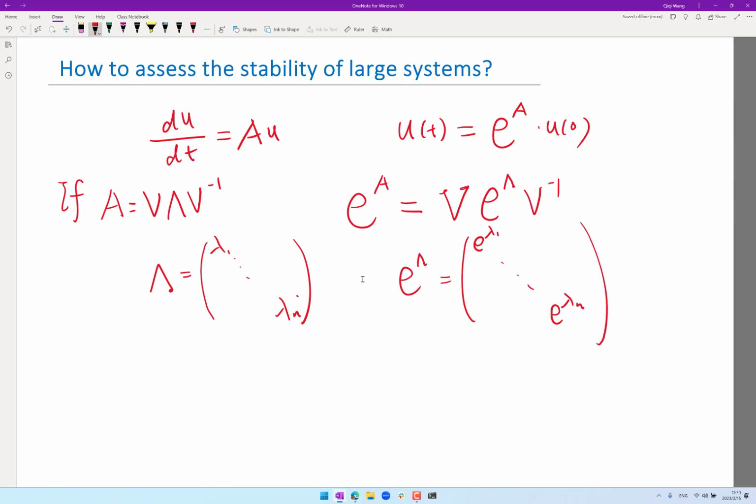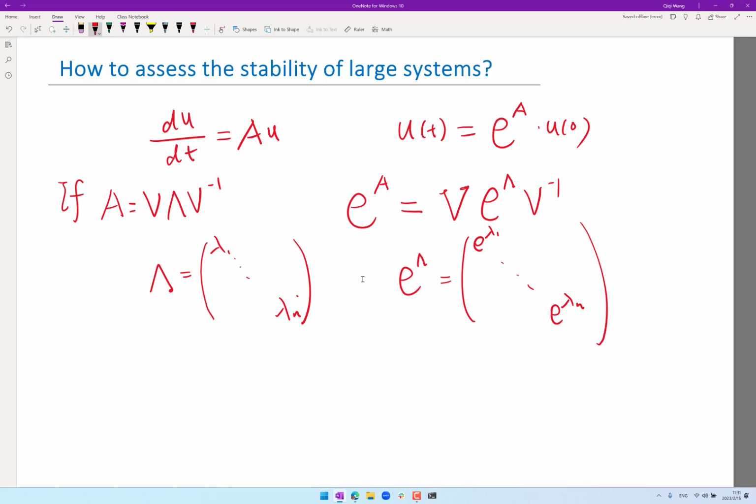This solution is practically the same as what we analyzed in the last lecture or maybe last week. That is, we can always decouple that differential equation. We can decompose A into V lambda V inverse, and the different components of u0 that are aligned with different eigenvectors can be separated into n independent differential equations that govern the evolution of the magnitudes of the contribution in each eigenvector direction.